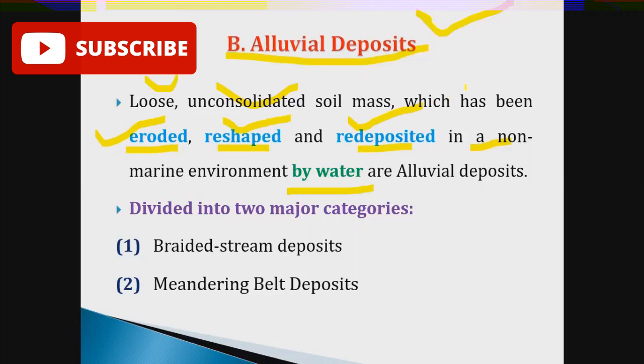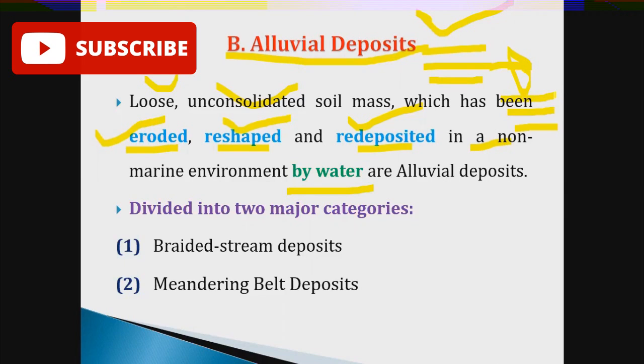Let's suppose at their parental location there was sand at the bottom, then silt, and then clay; maybe at the new location the clay will be at the bottom, the sand in the middle, and the silt at the top. This is known as redeposition.